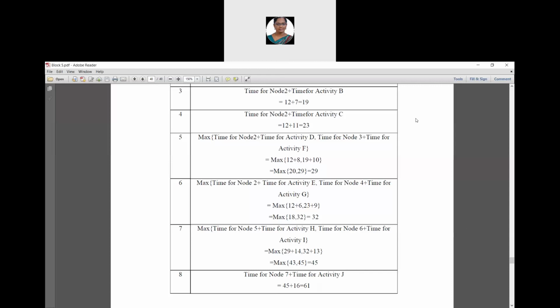So we have to add and pick the maximum value. Keep that in your mind. It is a rule. So earliest start value for node 2 plus time duration for activity D, comma, earliest start value for node 3 plus time duration for activity F. So maximum of 20 and 29 is 29.